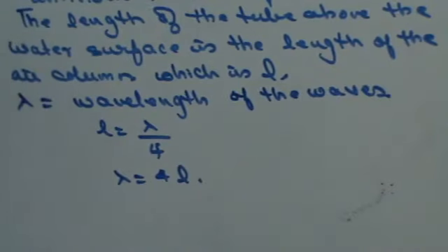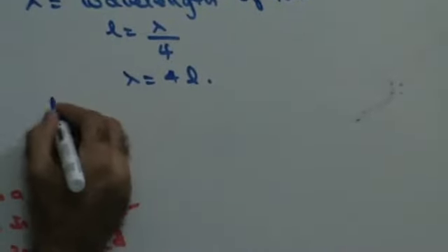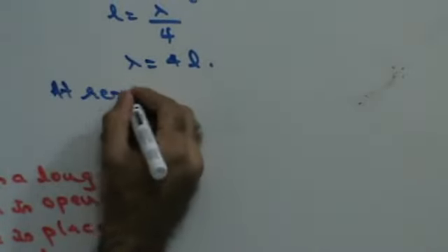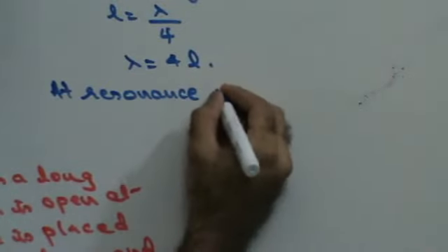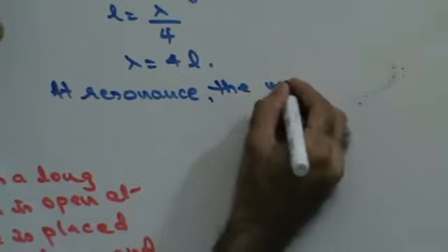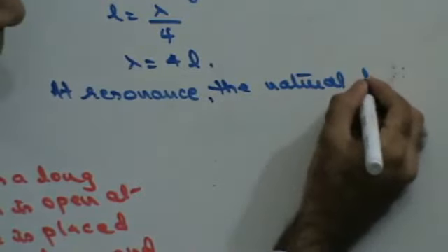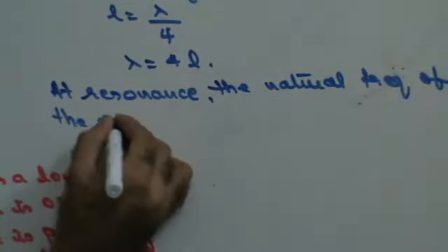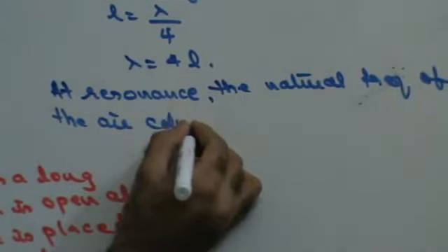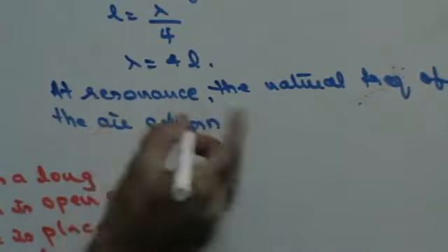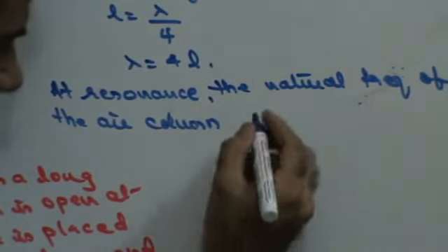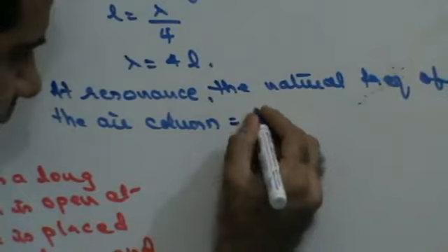I can also say that at resonance the natural frequency of the air column is equal to the frequency of the tuning fork.